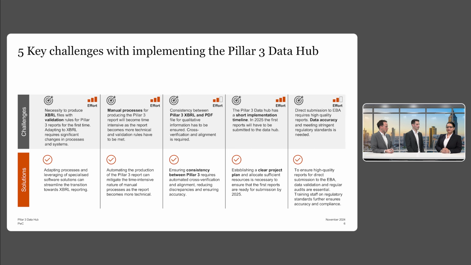And therefore, establishing a clear project plan will help to sufficiently allocate the necessary resources and to meet the deadline. And last but not least, institutions have to make sure that the submitted data is of a certain quality standard as the EBA is requiring, and therefore the validation is essential.